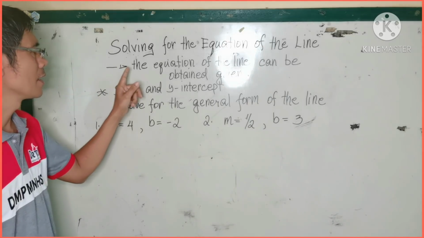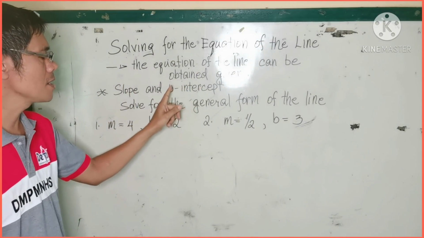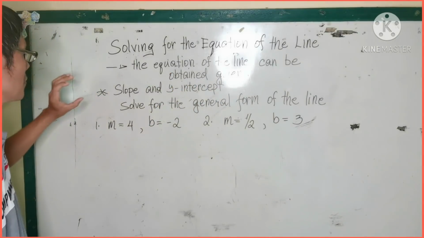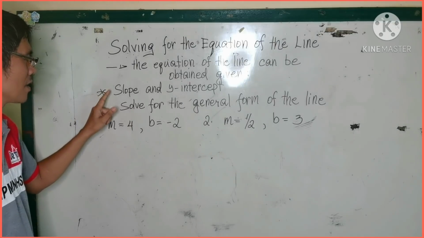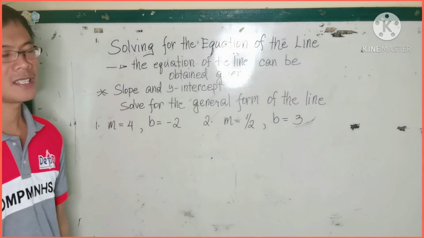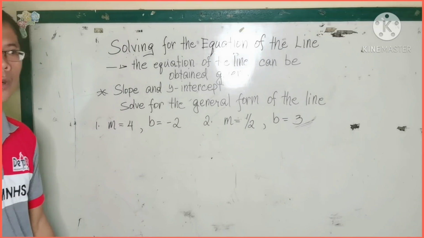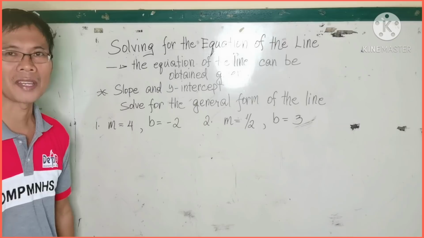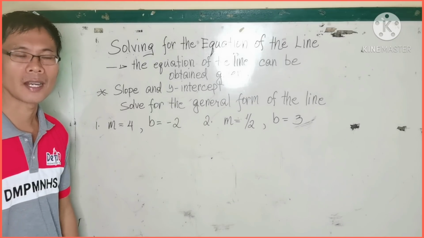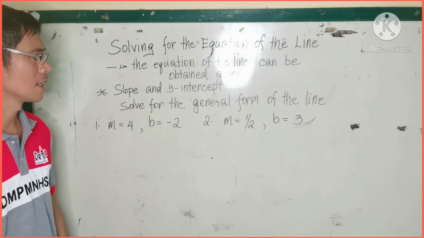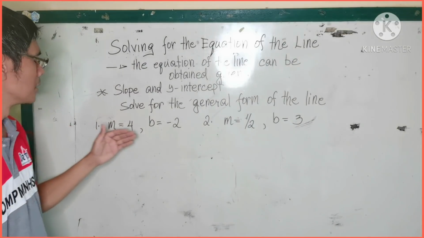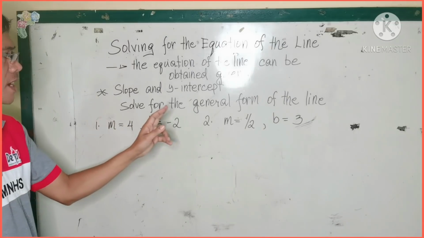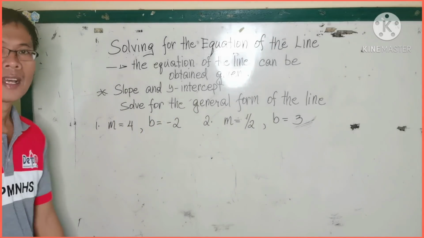The equation of the line can be obtained or solved given, first, the slope and the y-intercept. If the slope is given and the y-intercept is given, then we can solve for the equation of the line. Let us consider this one: solve for the general form of the line.